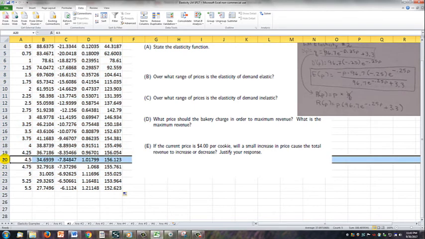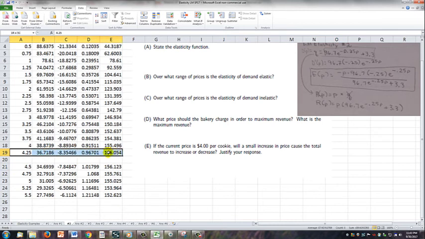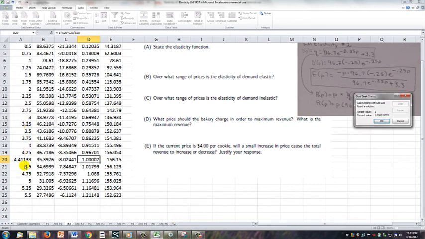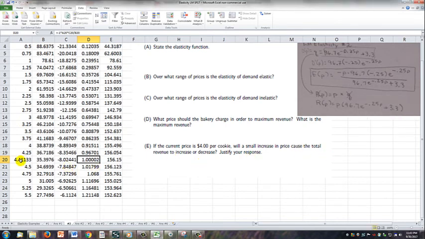So I'm going to insert, and I'm going to find the max revenue, or the perfect price. So remember, what we're going to do is we are going to goal seek elasticity to 1. There it is, 441 is our elasticity price.